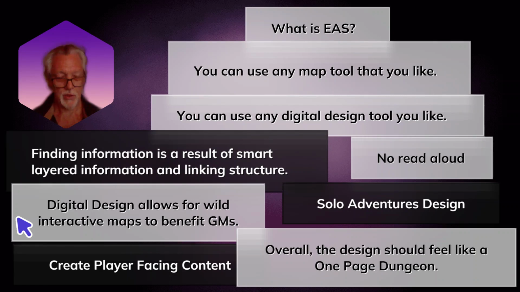Say you have a map of a village that the GM can then click on a building rooftop. The building rooftop will disappear, and the GM can then see inside the structure at the details and design of the interior, which is really nice. You basically have multiple maps stacked together that the GM can look at.